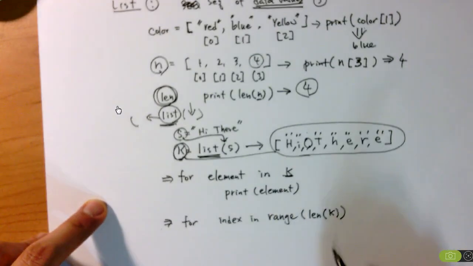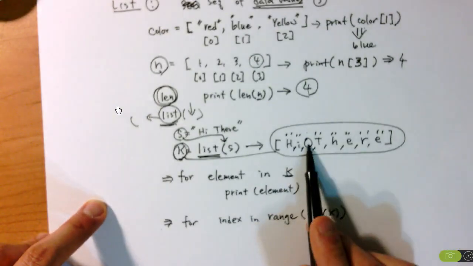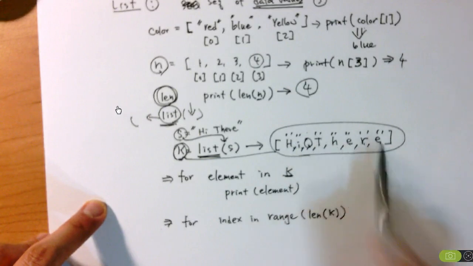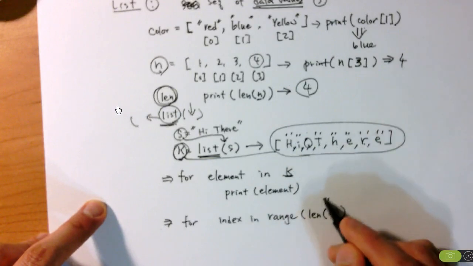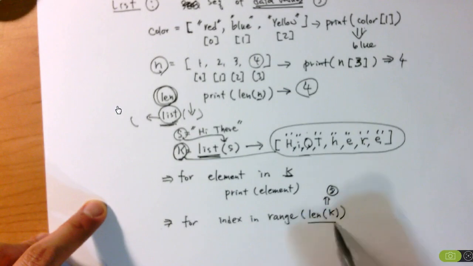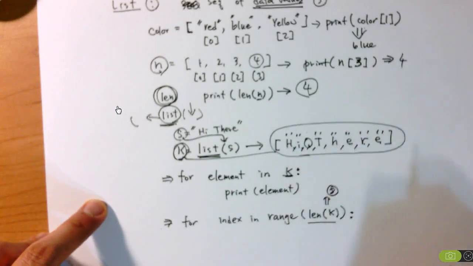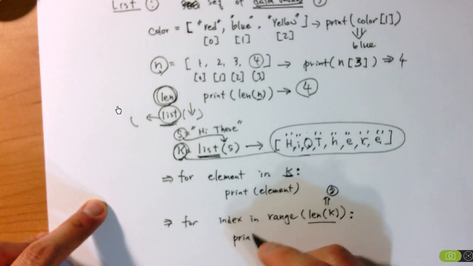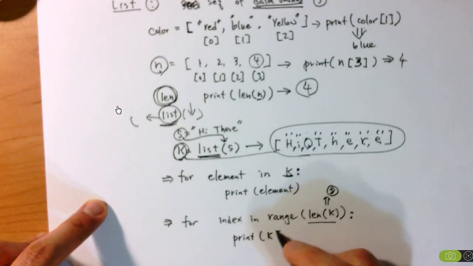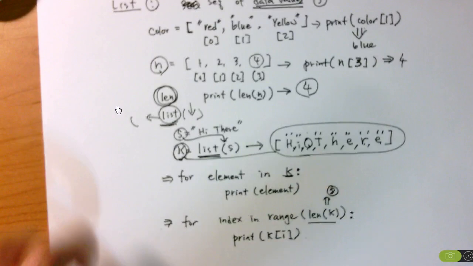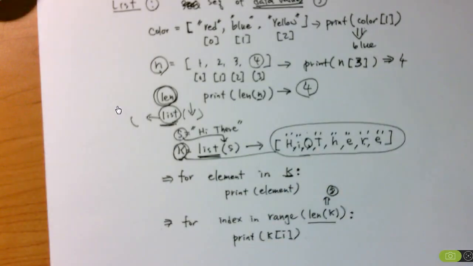In this case, the length of k should return 1, 2, 3, 4, 5, 6, 7, 8. So this is 8. And then you have to have a colon, and then print k at index.